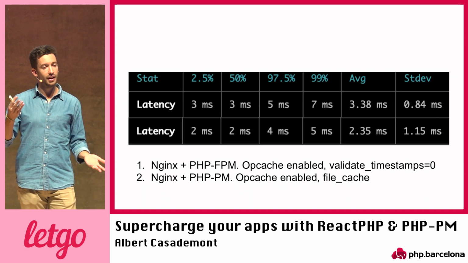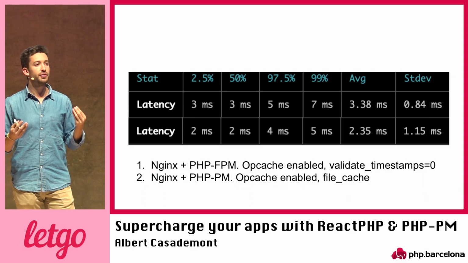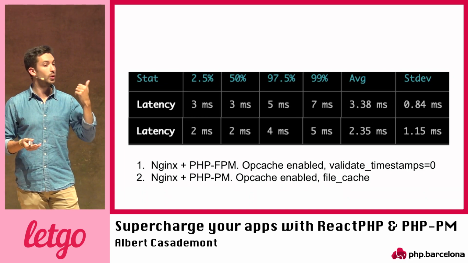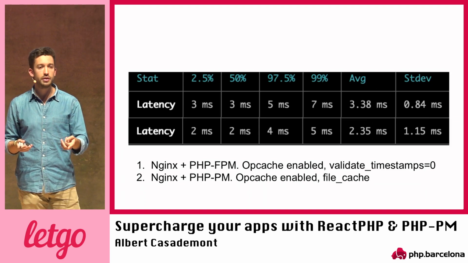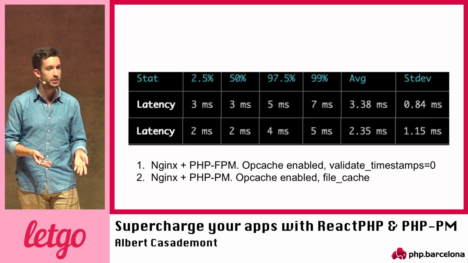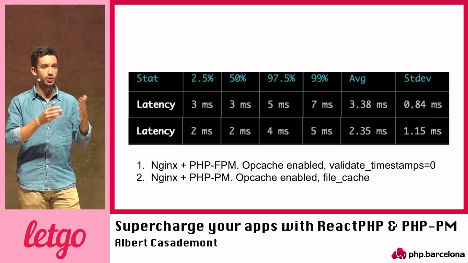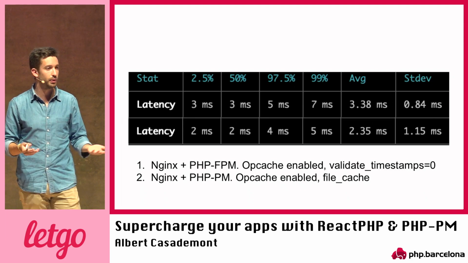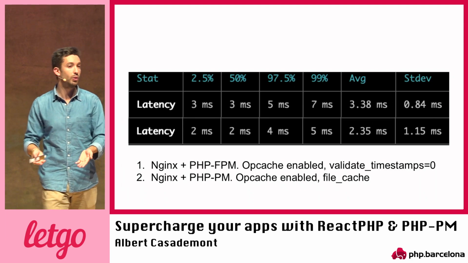But again, you need to really understand your code. The bigger your autoloading is, the bigger your dependency injection container is, the more gain you will have from using a solution like this. If you're not using autoloading, or your PHP code is so simple that you don't need a dependency injection container, your gains might be much lower than this.